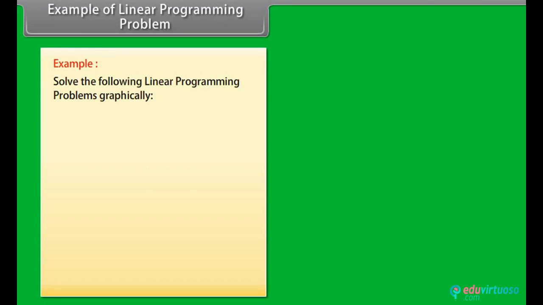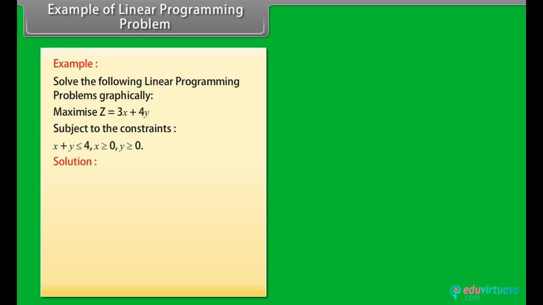Example. Solve the following linear programming problems graphically. Maximize z = 3x + 4y, subject to the constraints x + y ≤ 4, x ≥ 0, y ≥ 0. Solution.